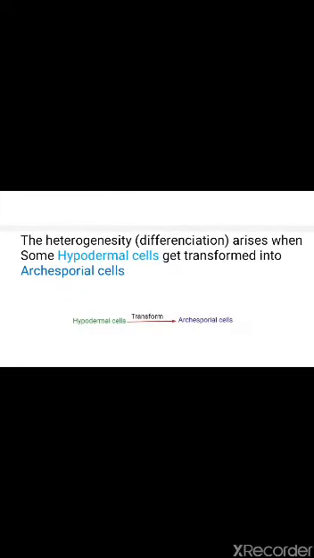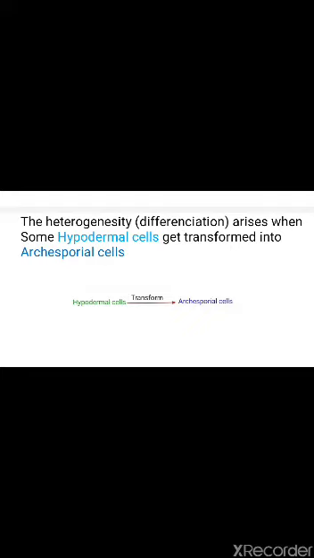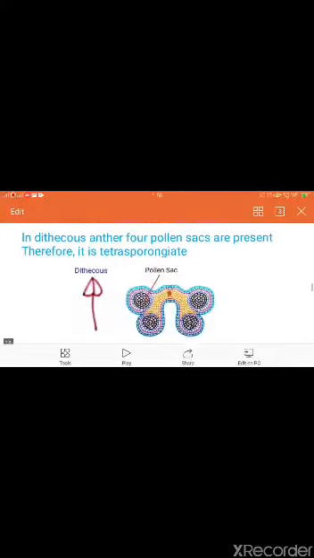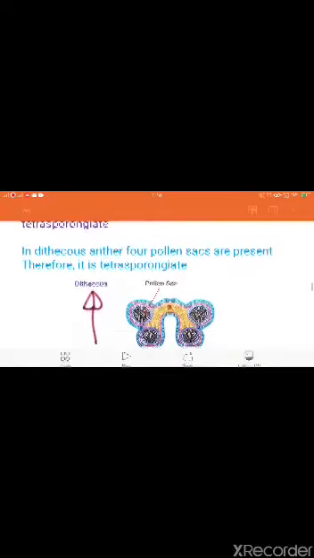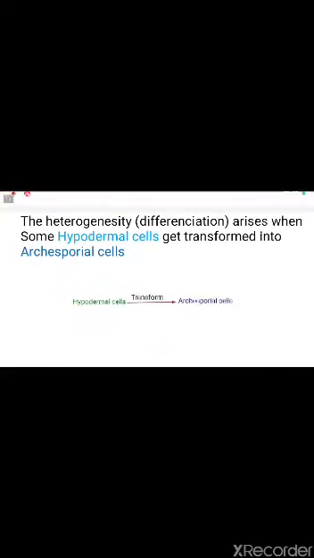The heterogeneity, that means the differentiation, arises when some hypodermal cells get transformed into the archesporial cell. So the hypodermal cell which is present in this anther lobe gets transformed into the archesporial cell.